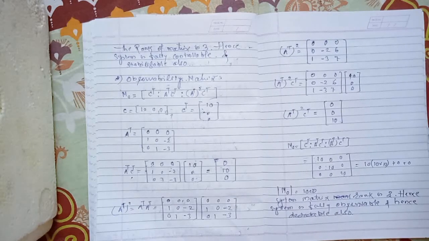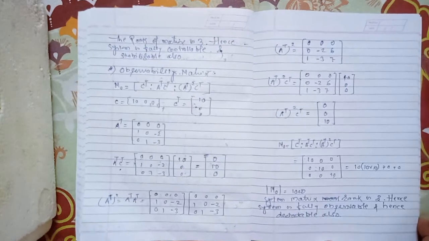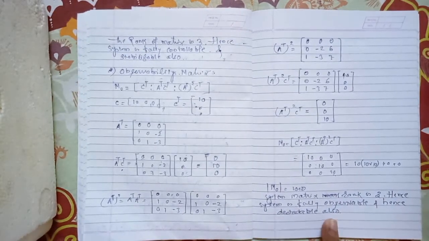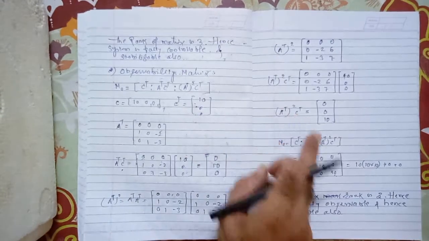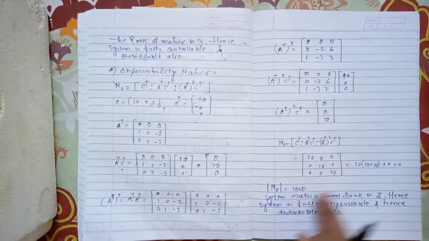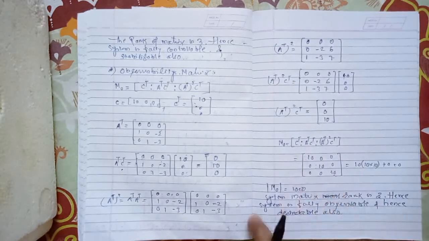Also, my system is observable as well as detectable, because my system is observable, because my rank value is equals to 3, because it is a 3 by 3 matrix, so my rank is 3, and hence my system is observable, so that it is detectable also.